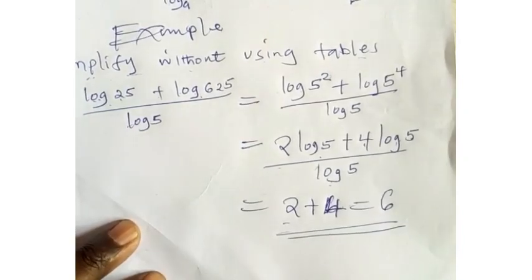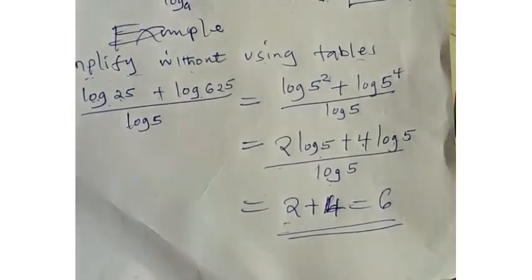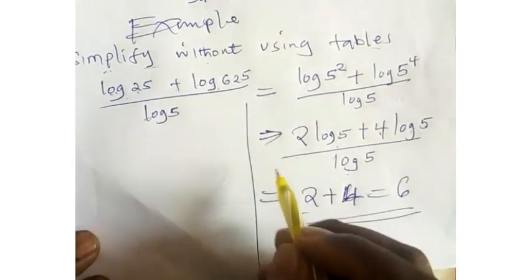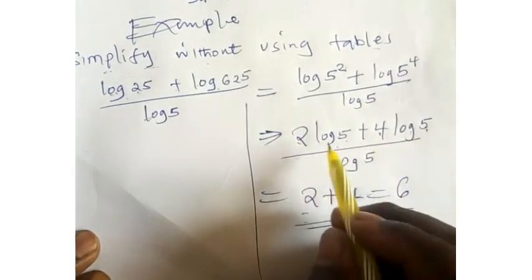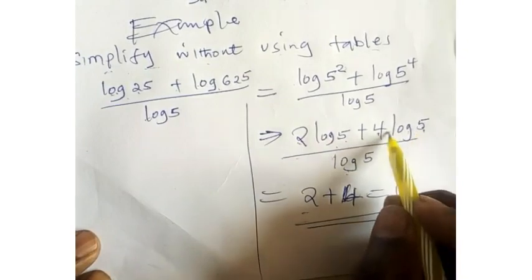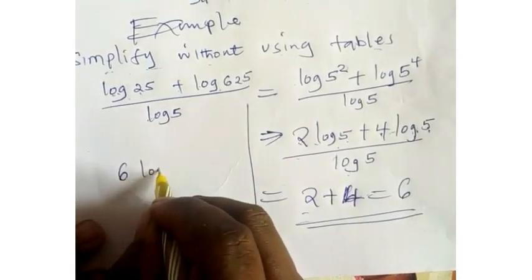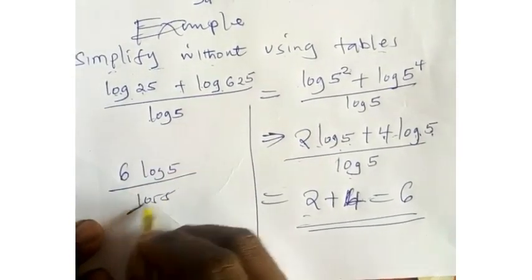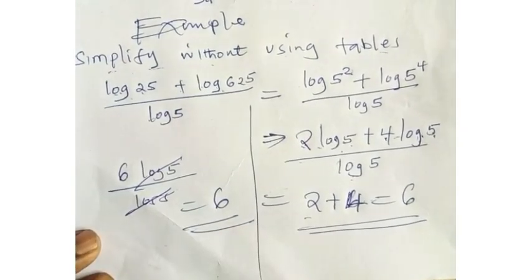So the answer there is 6, because the base is the same. Or from here, we know this is 2 log 5, 4 log 5. It's like 2m plus 4m. What do you get? 6m. So we will have 6 log 5 divided by log 5. So log and log cancels and the answer is 6. So you should know that.